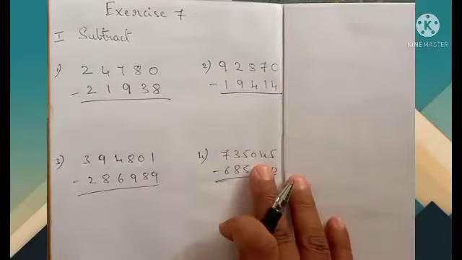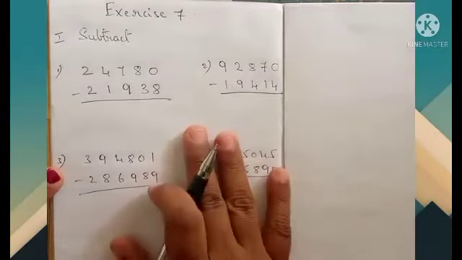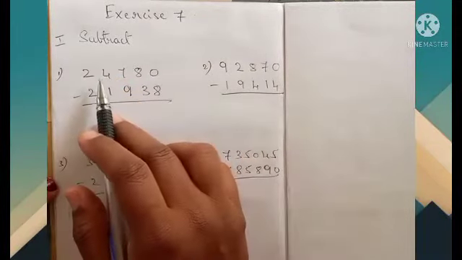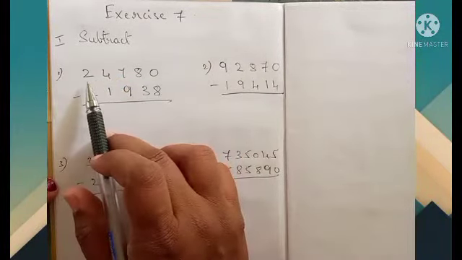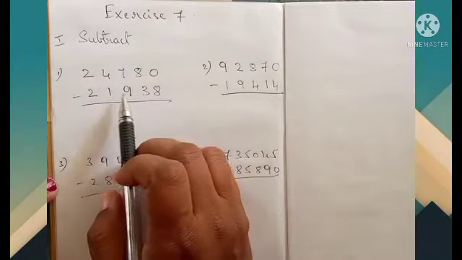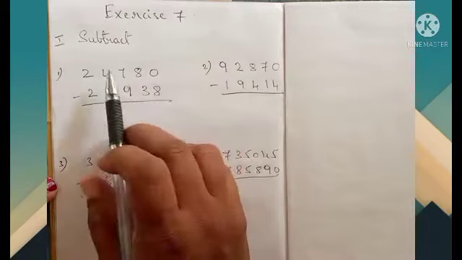Look here, dear children, I have already written here. Okay, exercise 7, first main subtract. See dear children, the number is given: 24780 and 21938.